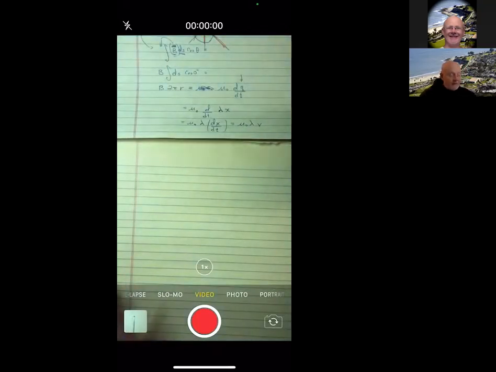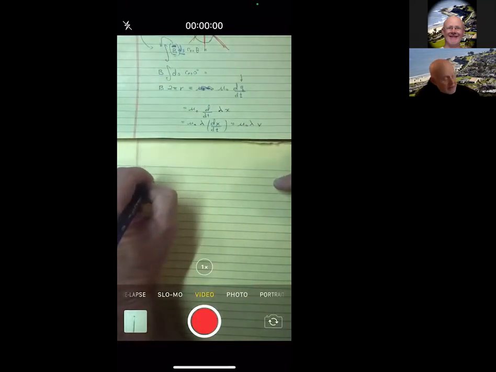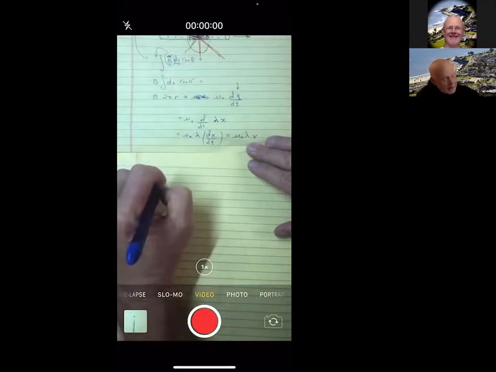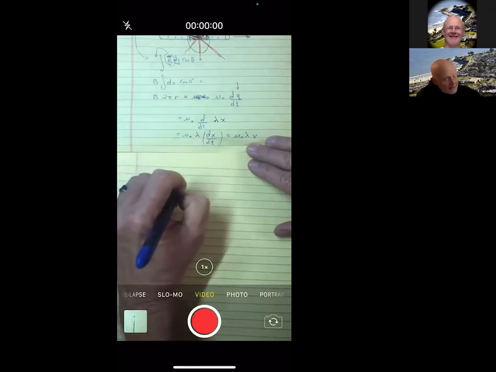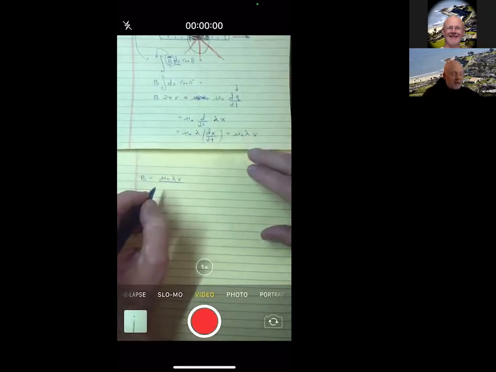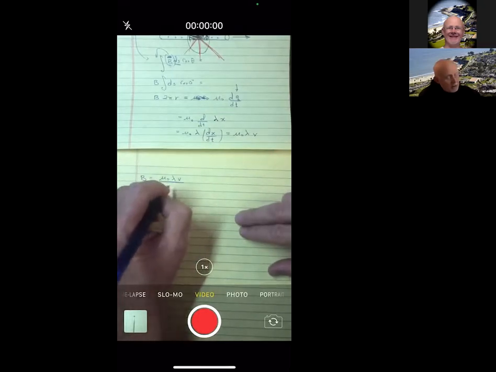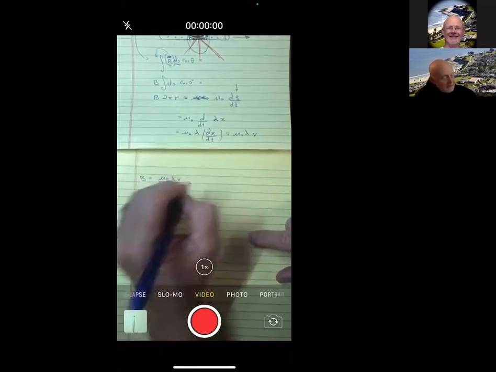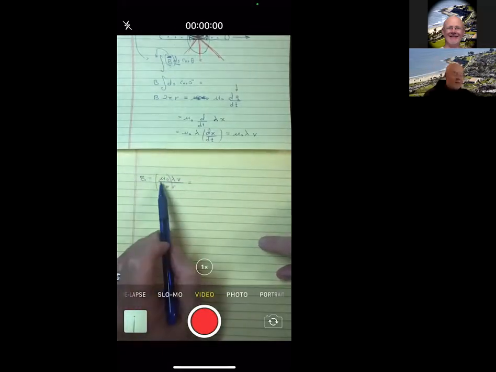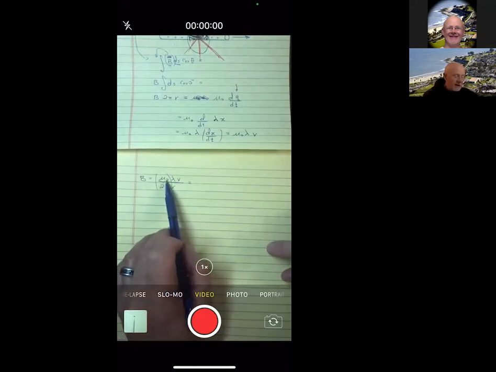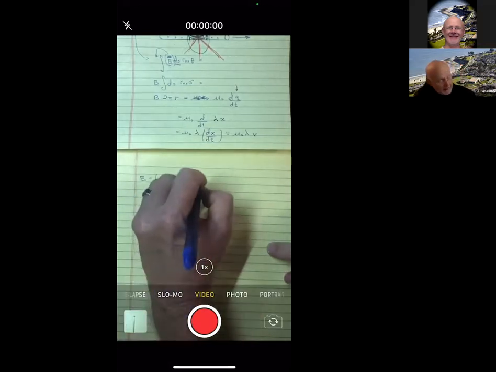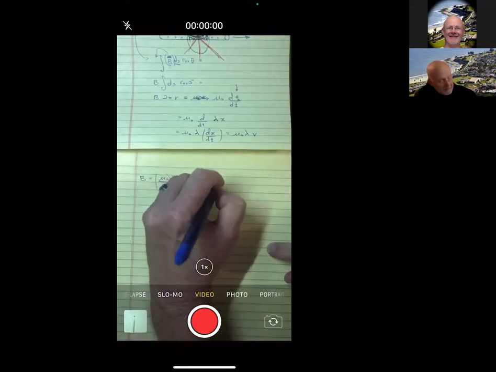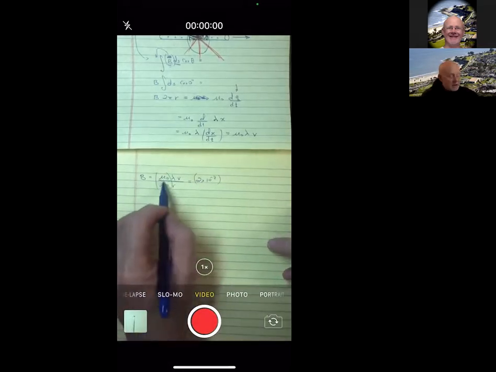So now that I simplify all this, I would say B equals mu naught lambda v on one side, and then I'll divide it by 2 pi r. Remembering that the permeability of free space is 4 pi times 10 to the minus 7, when I divide it by 2 pi, I just get 2 times 10 to the minus 7.